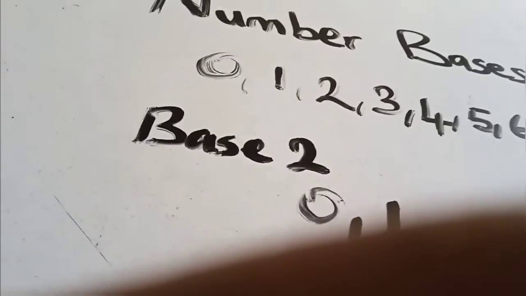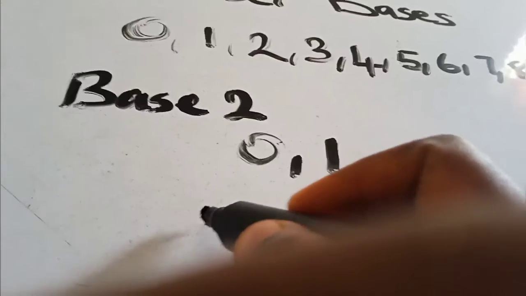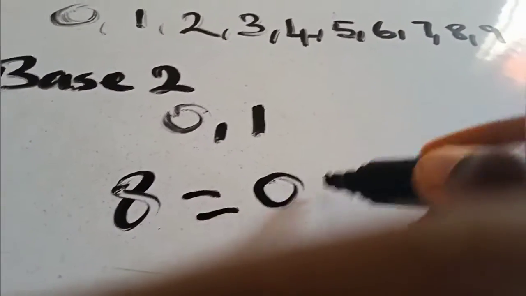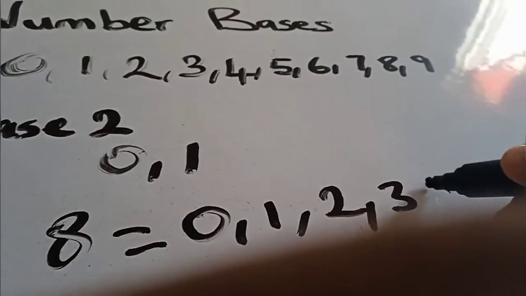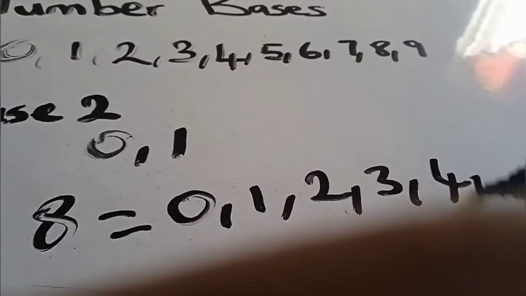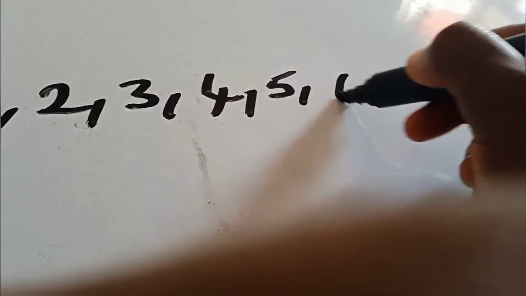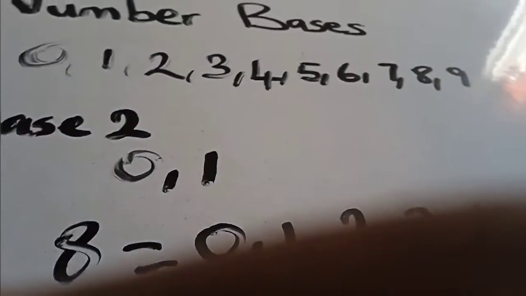We have base 8, that's octal. For base 8, the digits are 0, 1, 2, 3, 4, 5, 6, and 7. That's for base 8.